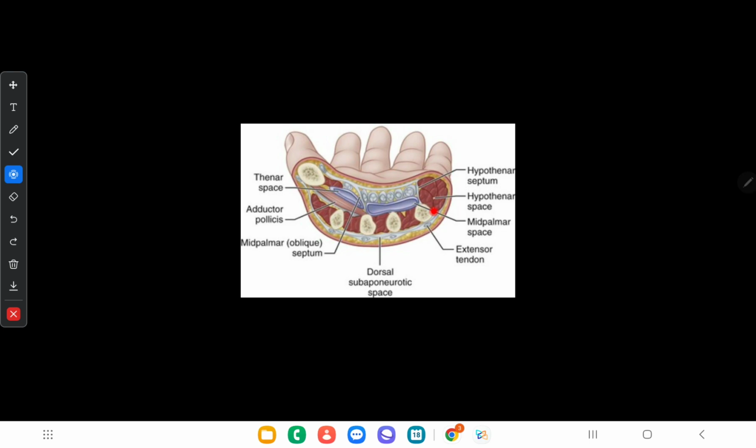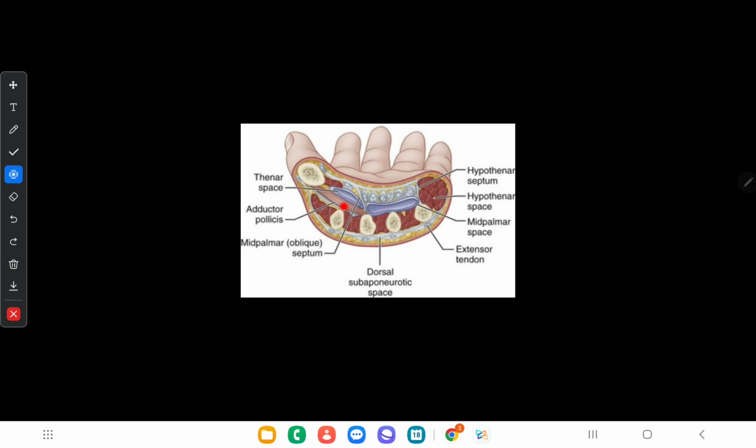Then the thenar space is a space superficial to the second and third metacarpals. You can see this is the second metacarpal, this is the third metacarpal. In front of those second and third metacarpals, there is the thenar space. And also behind the thenar space, there is the adductor pollicis muscle.